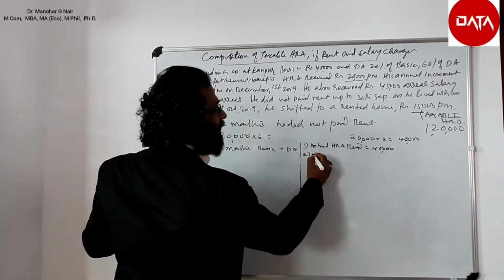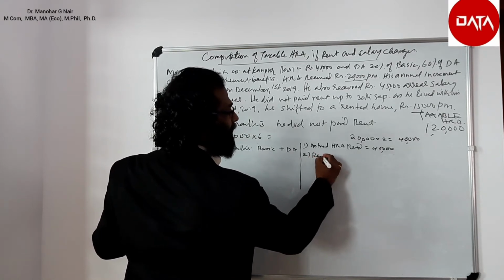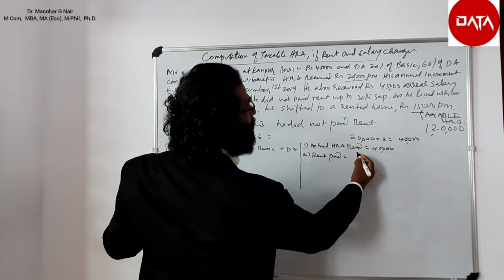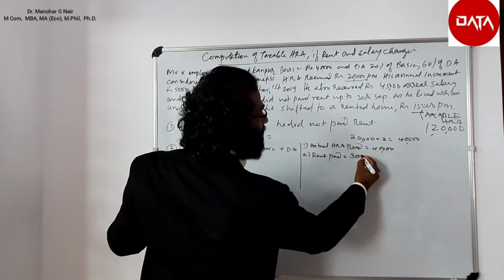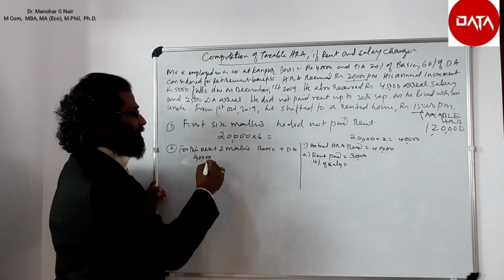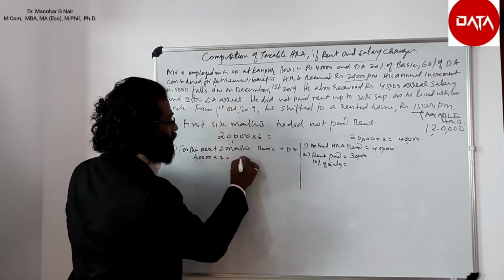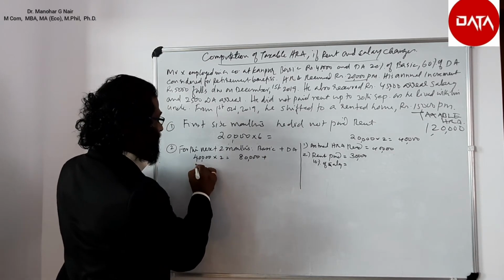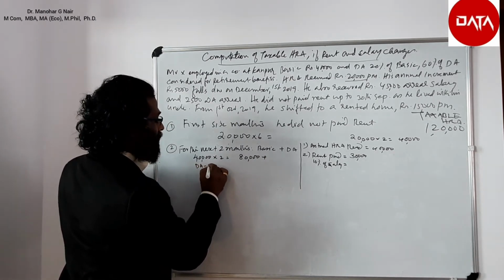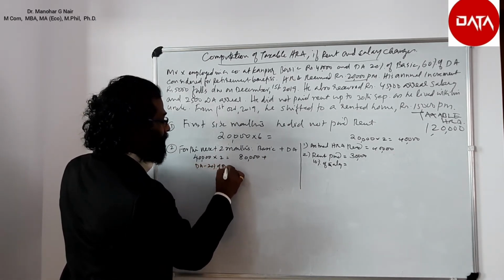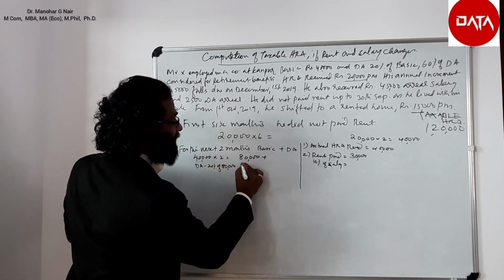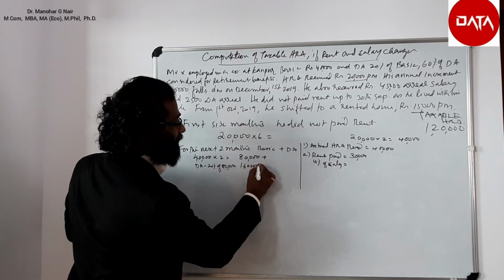Condition 2 is rent paid in excess of 10% of salary. Rent paid is equal to 30,000. Here the meaning of salary is 40,000 into 2, that is 80,000, plus DA. 20% of 80,000 is equal to 16,000.